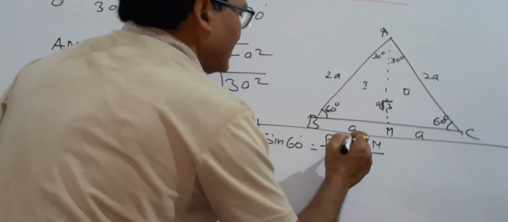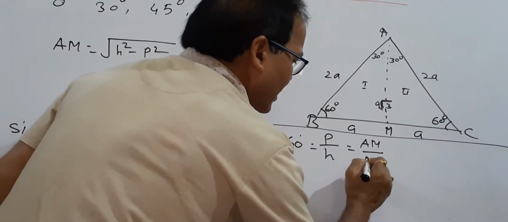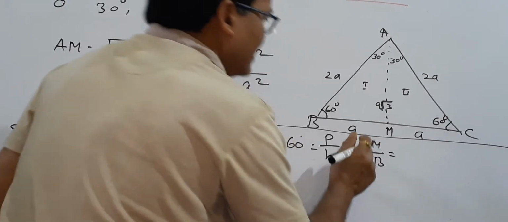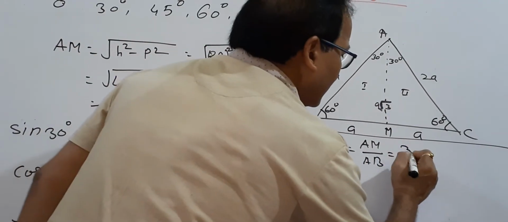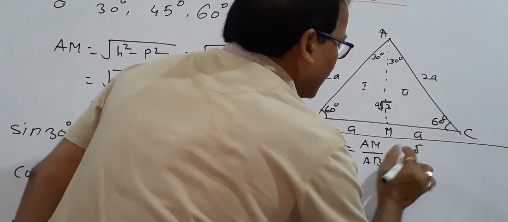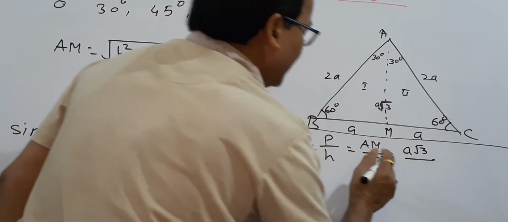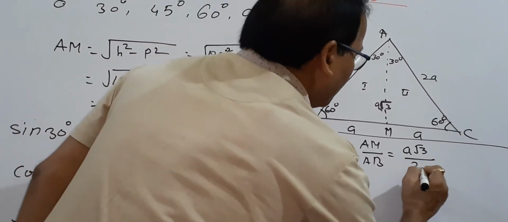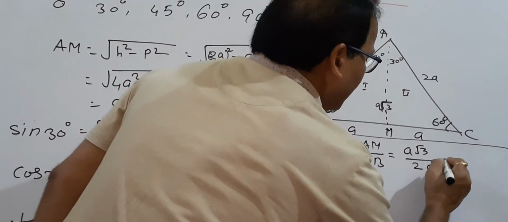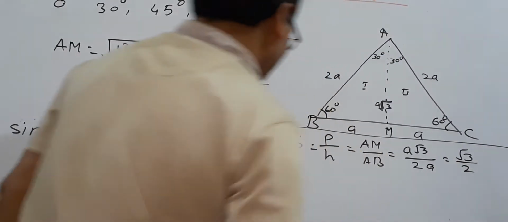The hypotenuse will remain as it is. So AB is equal to 2A, and AM is A root 3. So A root 3 divided by 2A is equal to root 3 by 2.